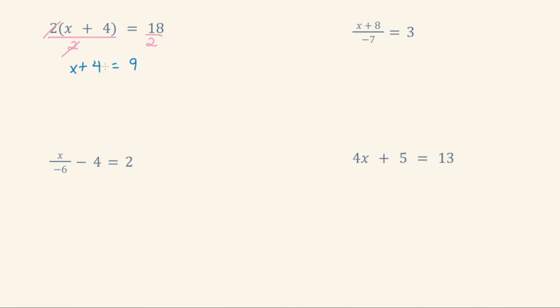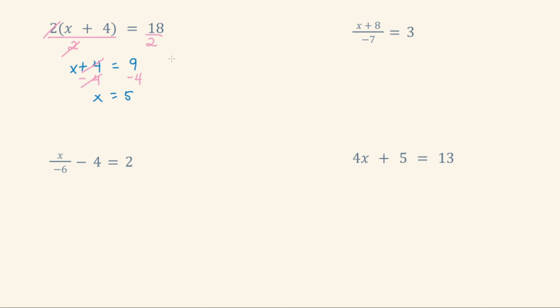And now we're going to undo this addition. To undo addition, we have to subtract 4. We also have to subtract 4 on this side, so that these go away. I'm just left with x is equal to 5, all right? Now, that's the simple way that you could do this question.